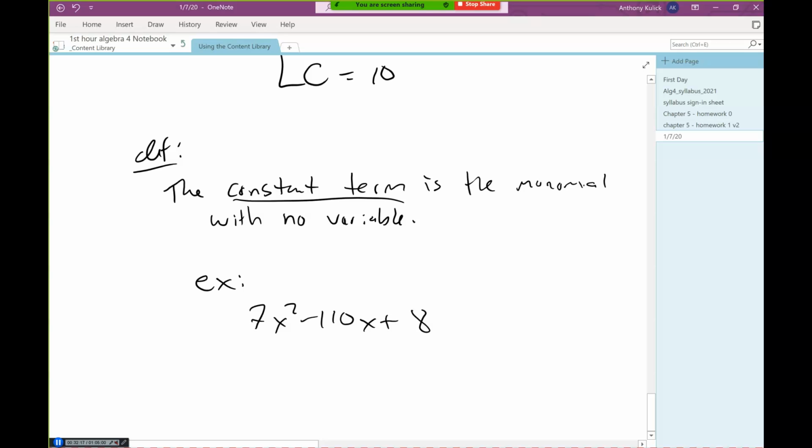So for example, 7x squared minus 110x plus 8, the constant term is 8.